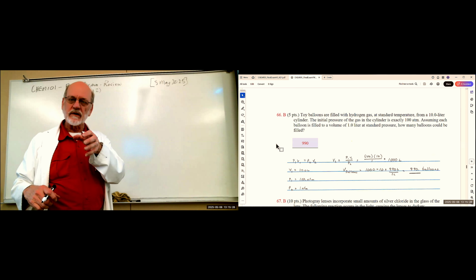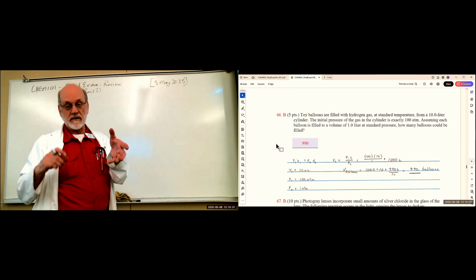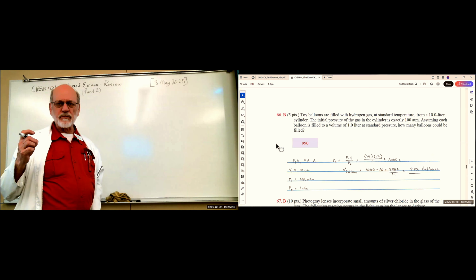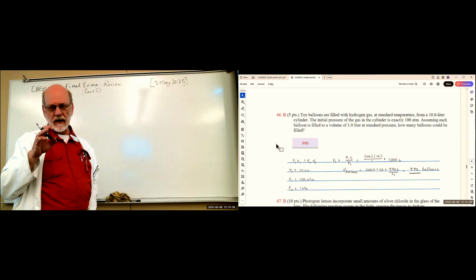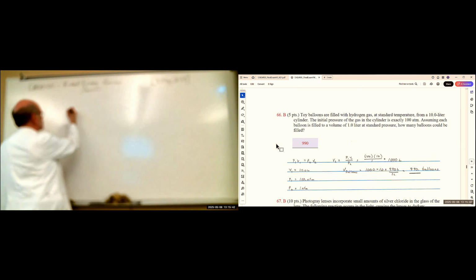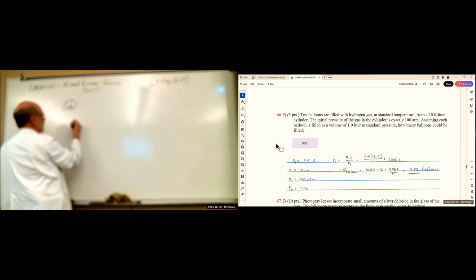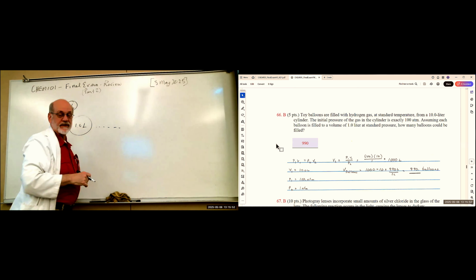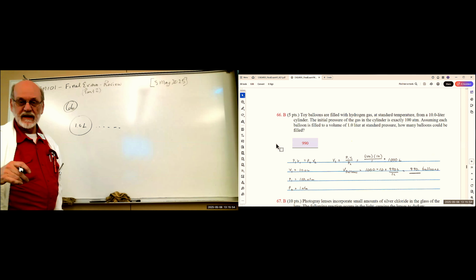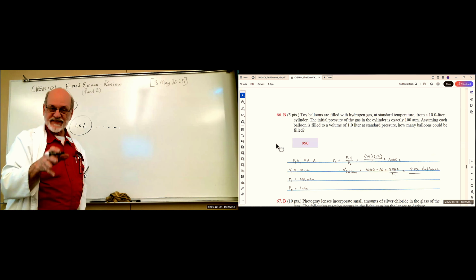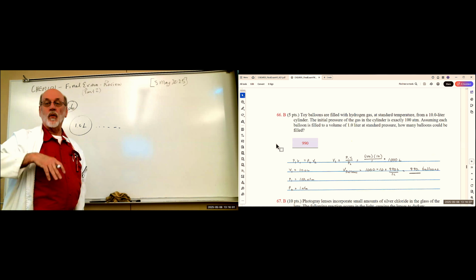The pressure in the cylinder starts off at 100 atmospheres, right? Each of our balloons is 1 liter. How many of those can we fill? So what we need to do is find out how much volume this cylinder will give us at 1 atmosphere.